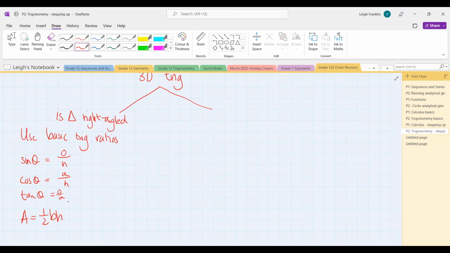Okay? Or is the triangle not right angled? So here is not right angled. If the triangle is not right angled, you cannot use basic trig ratios, right? So we either have to use the sine rule, and we can use the sine rule to calculate a side or an angle, depending on what they ask us and give us.